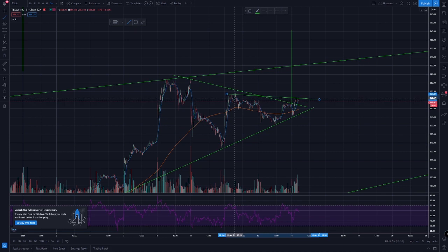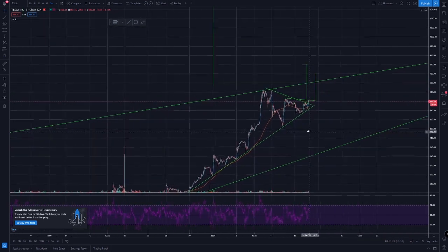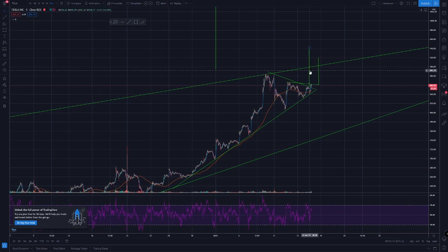If we break out of this line right here at the top, we could get something like that. There's another possible target. Let's see what these ones would look like going to the downside. And how much percentage is it? 10%.